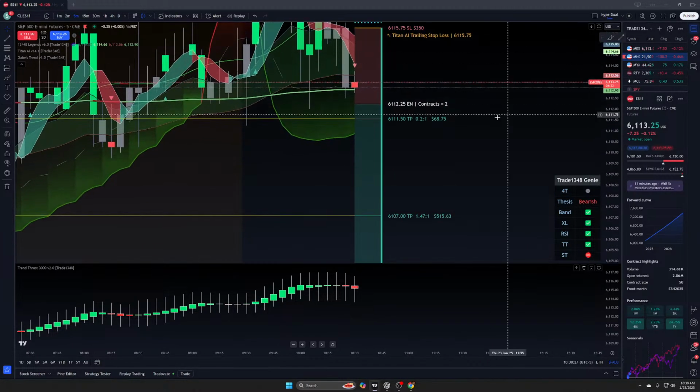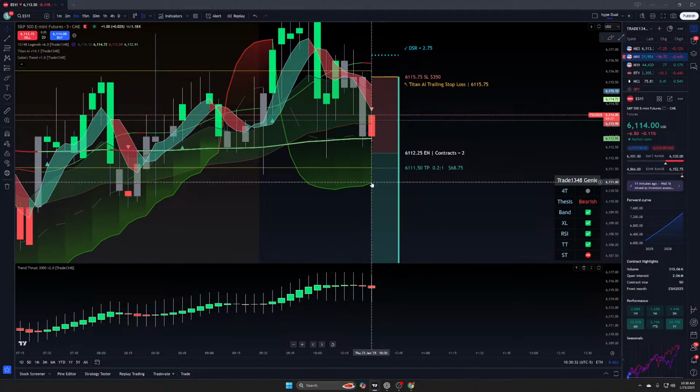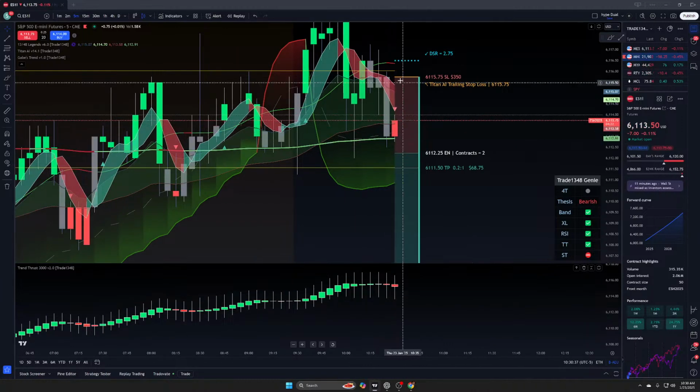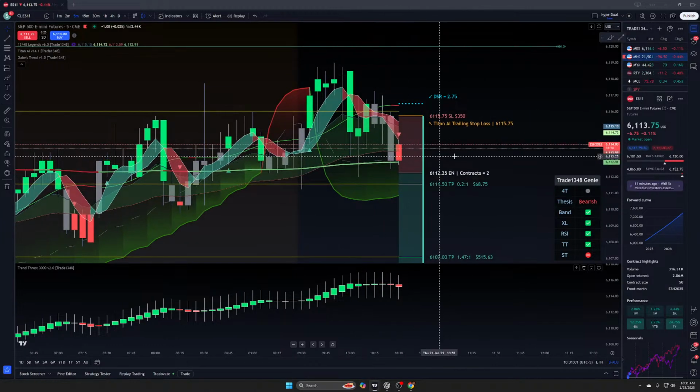Nothing happening in ES until it once again breaks the 200 and breaks Gabe Trends, but trade design down. Yeah, that's it.